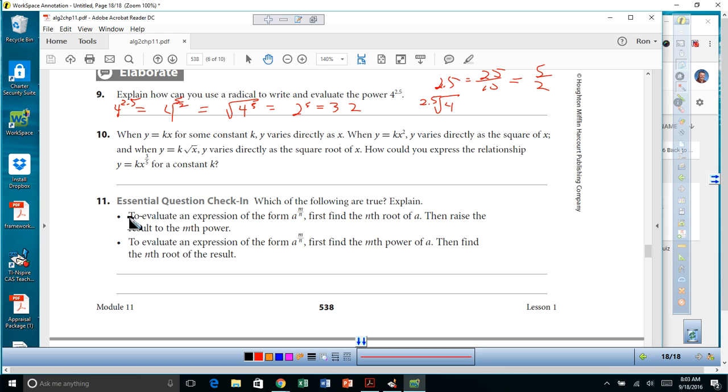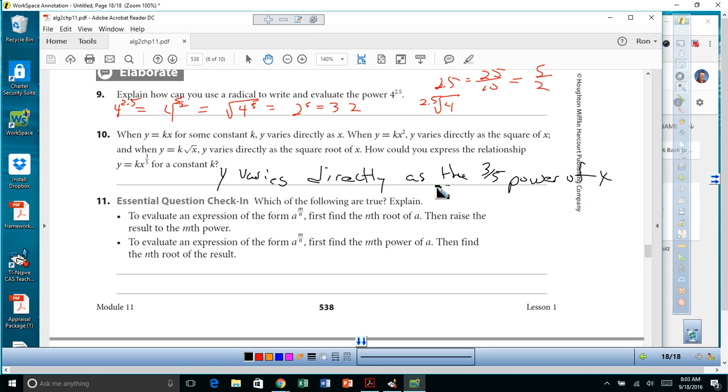Well, following the other logic there, you would say that y varies directly as the 3/5 power of x.